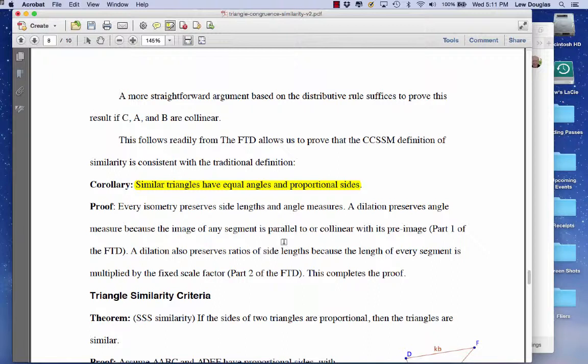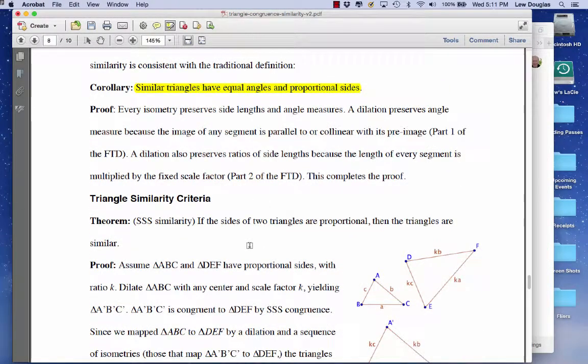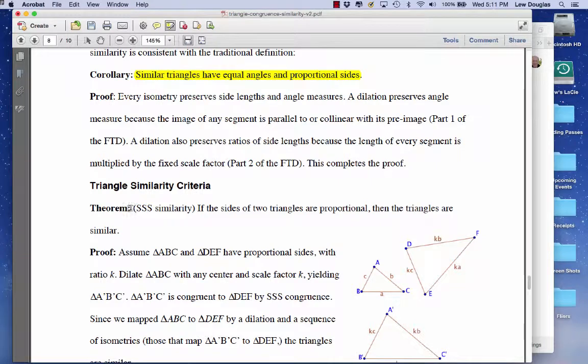Direction is preserved. And everything gets stretched by a factor K, so all the segments get stretched, so they're going to have proportional sides. So that fundamental theorem is very important.